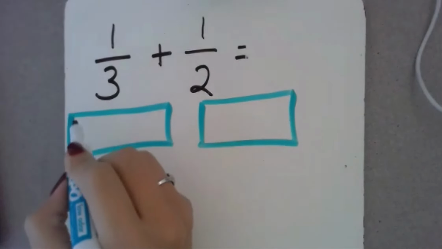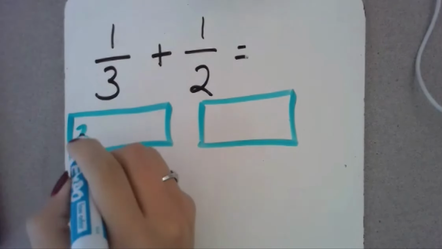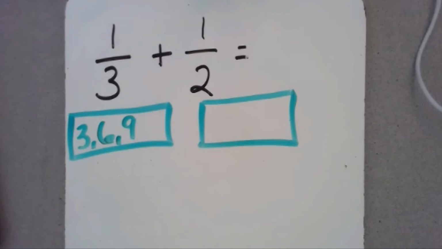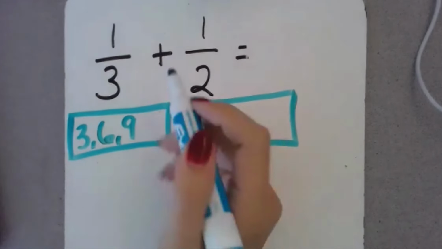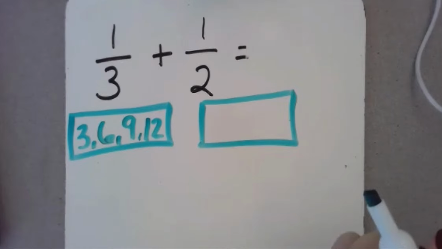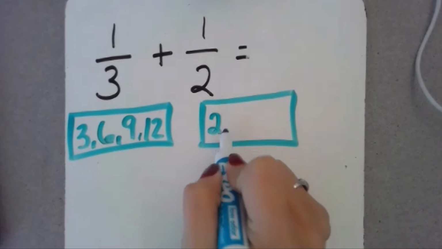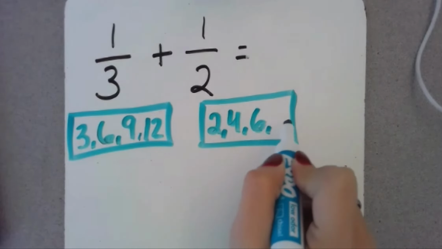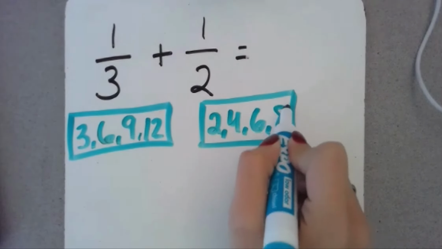So 3. 3 times 2 is 6. 3 times 3 is 9. 3 times 4 is 12. Here, 2. 2 times 2 is 4. 2 times 3 is 6. 8.